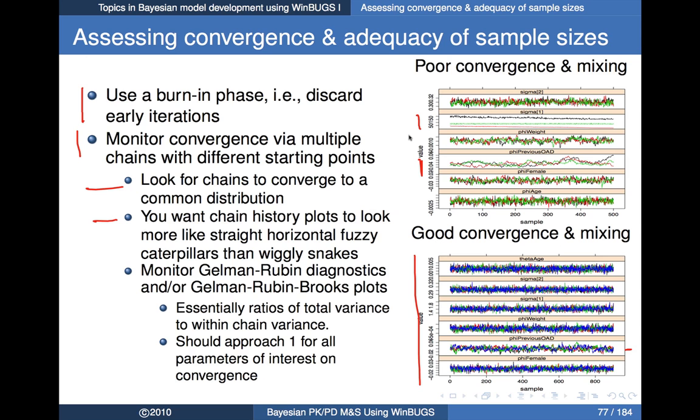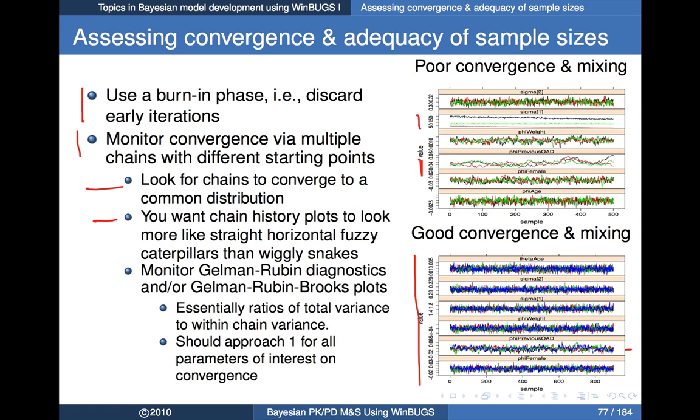Now, my own opinion is that this approach, using the history plots, is probably the most reliable strategy for looking at convergence and mixing and getting some initial idea of whether you've got an adequate number of samples. There are a number of other convergence diagnostics that have been proposed in the literature.